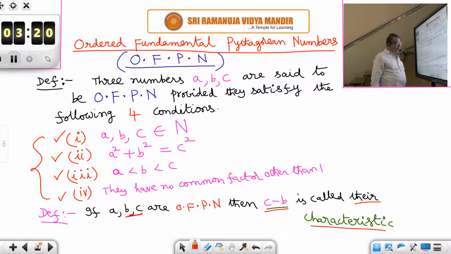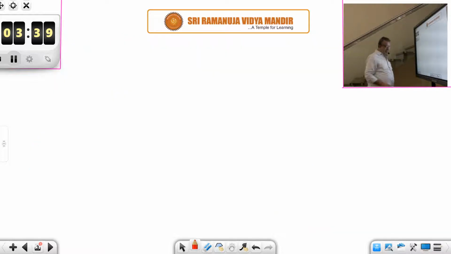Fourth, they have no common factor other than 1, means they are fundamental. And one more definition, if A, B, C are OFPN, then C minus B is called their characteristic. So let us go to the next page and find all the OFPN with characteristic 9.